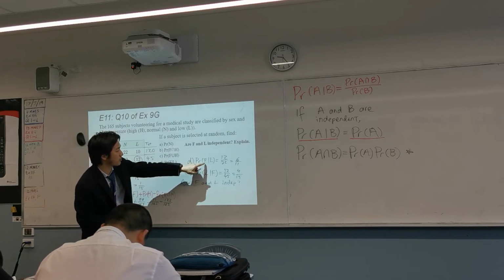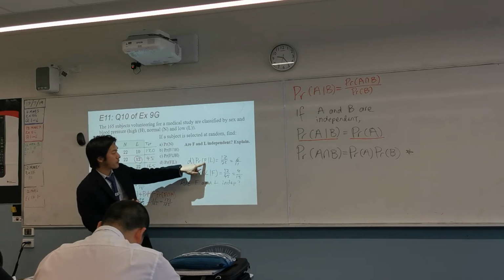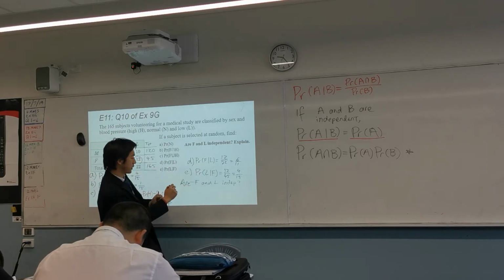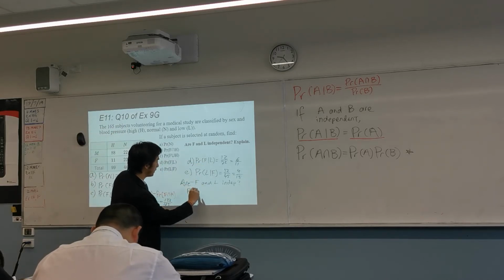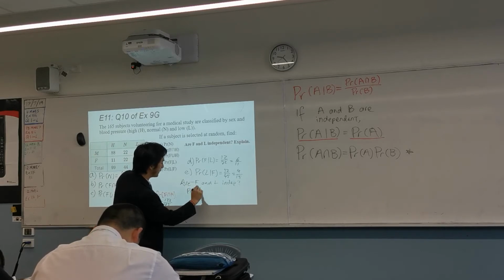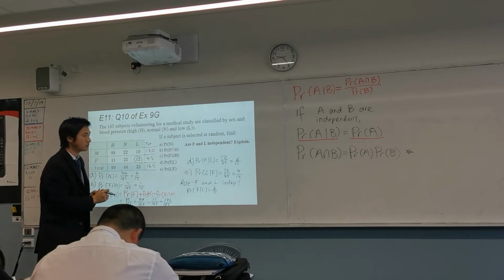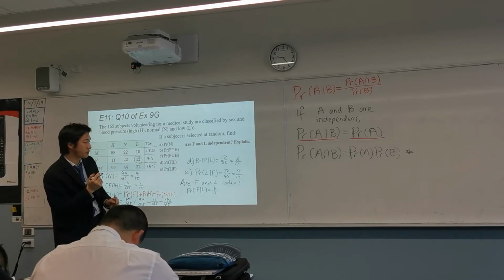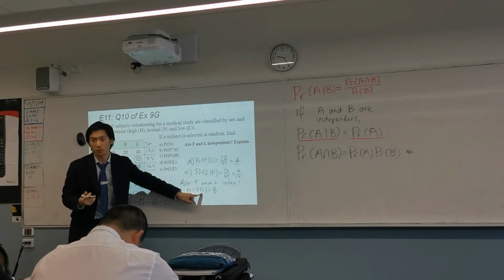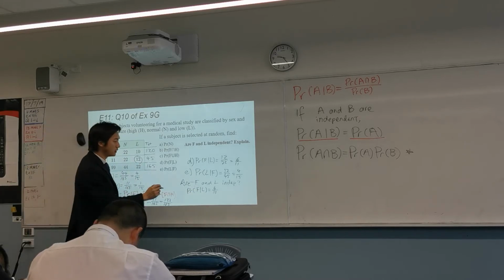I'm going to compare the probability of being a female with the condition of low blood pressure. P(F given L), we already know, is 6 out of 11. Now let's consider the probability where the condition isn't given. What's the probability of just choosing a female?